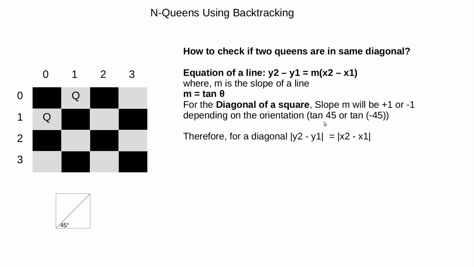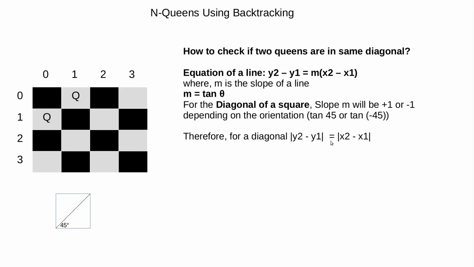So slope m will be plus 1 or minus 1 depending on the orientation. So therefore for a diagonal line, the magnitude of y2 minus y1 should be equal to the magnitude of x2 minus x1.